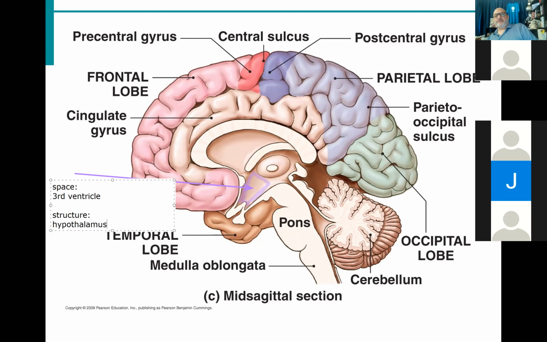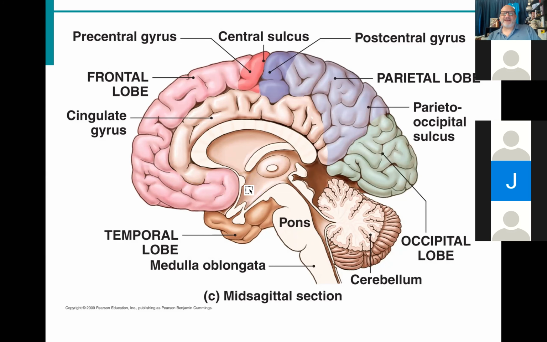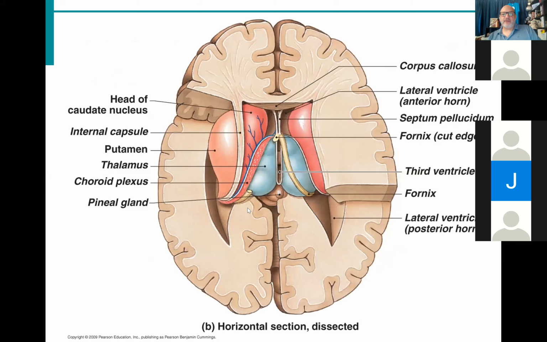The hypothalamus. So arguably, we could do the same thing with an arrow like this. I could ask you to identify the space, and you would say third ventricle, because again, I'm representing this whole space, or the structure, and you would say thalamus, or I could do the same thing here. Now, this picture makes the hypothalamus look like it is a smooth, continuous structure.